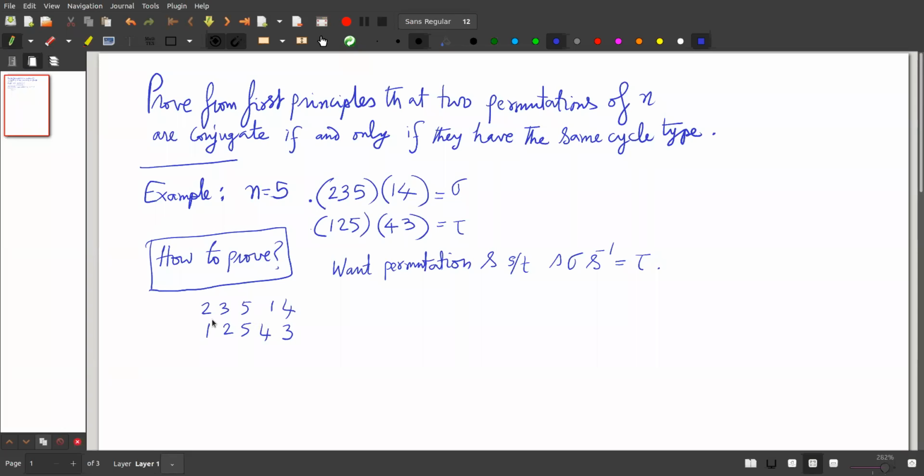The permutation: 2 goes to 1, and 3 goes to 2, 5 goes to 5, 1 goes to 4, 4 goes to 3. Very good. Okay.